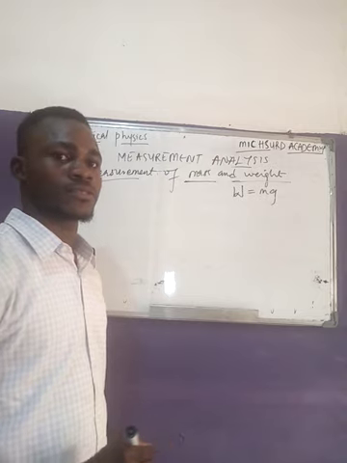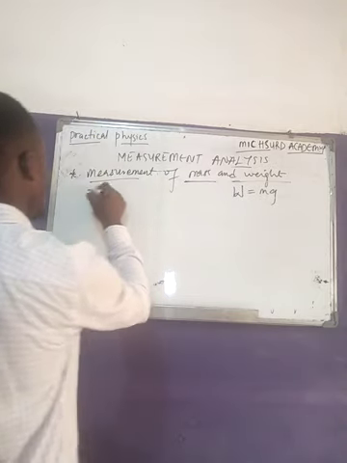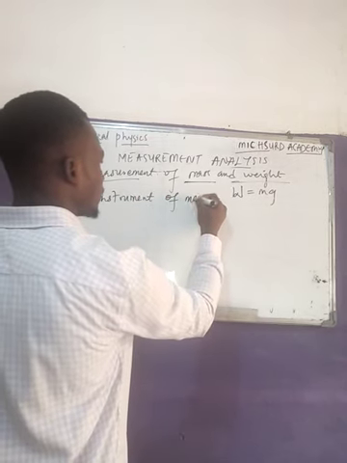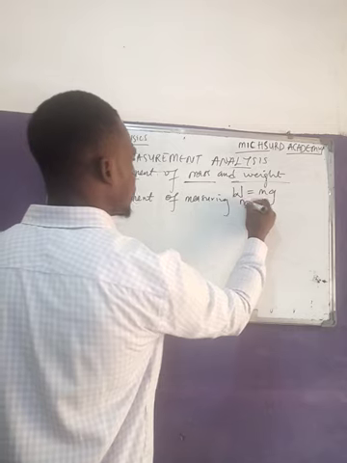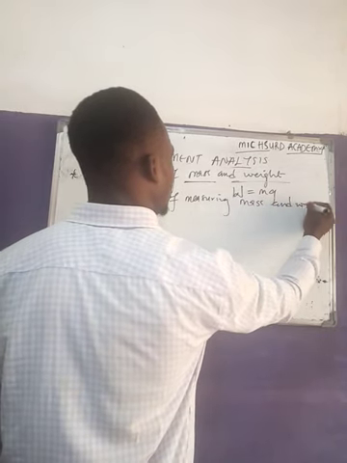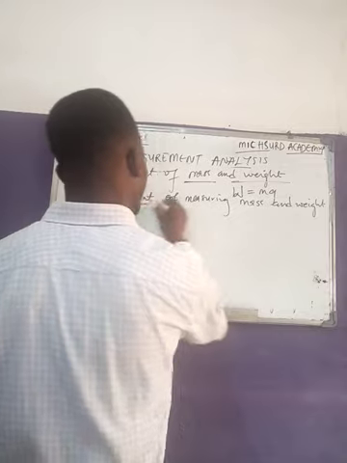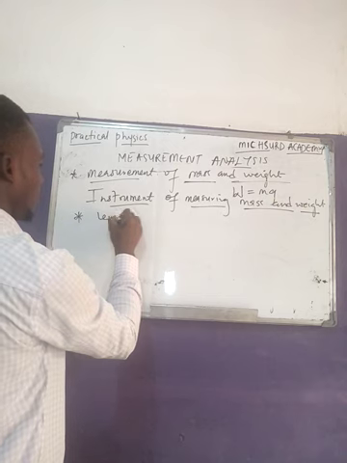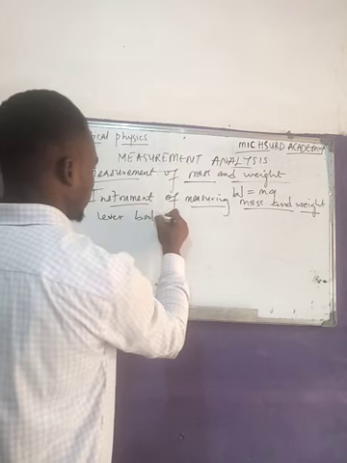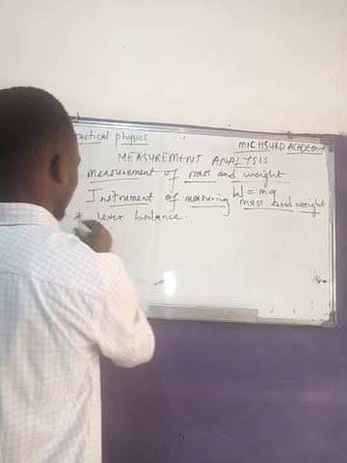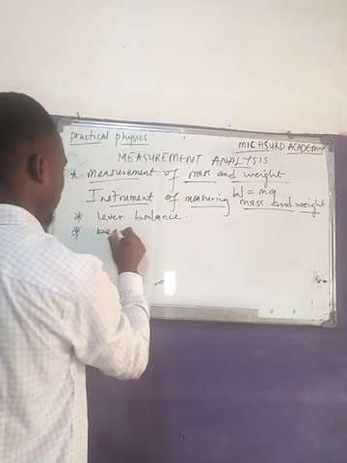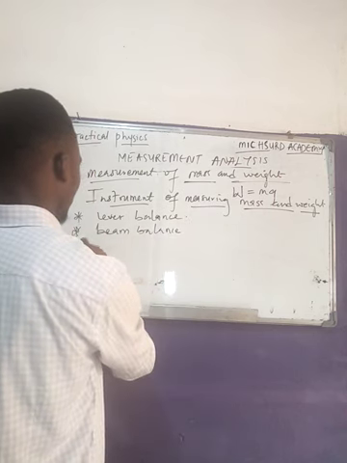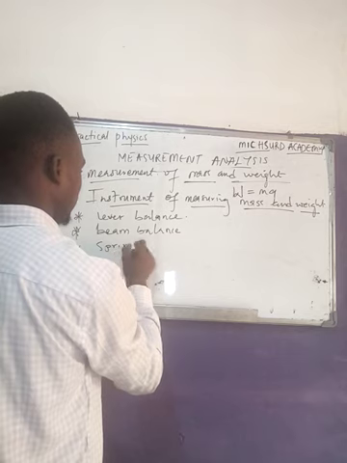Now we have different instruments we can use for measuring mass and weight. We have the lever balance, the beam balance, and the spring balance.